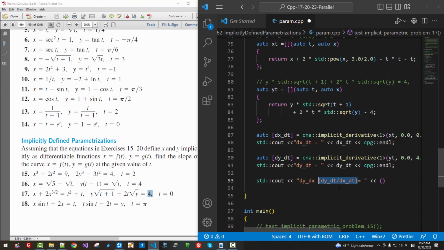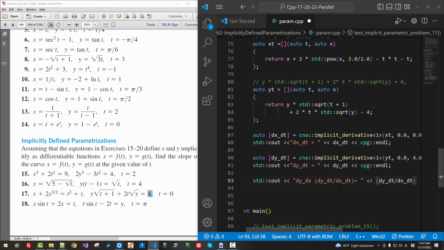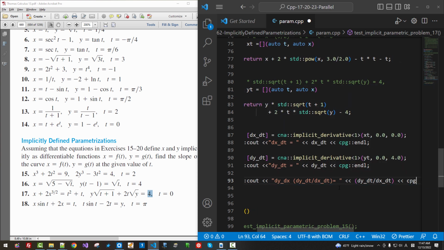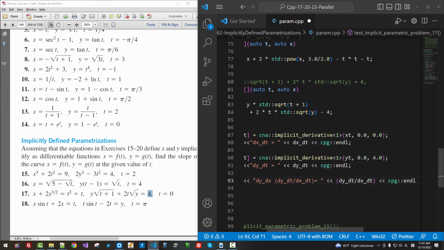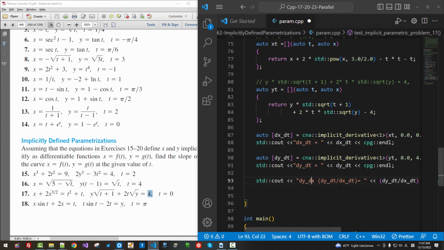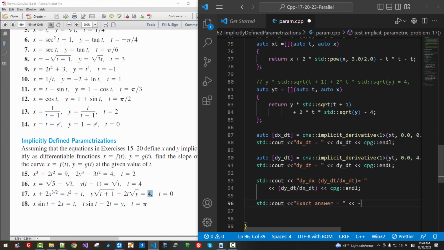I will copy, paste it here. CPG, and there. I will put carriage return and L. STD, C out. Exact answer is negative 6.0 CPG and L.